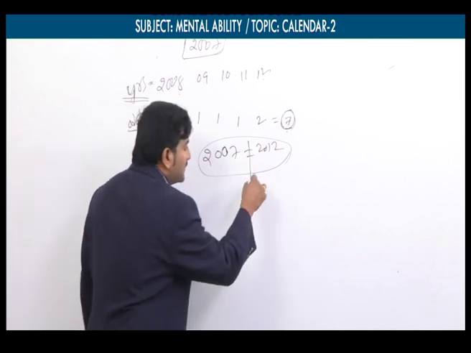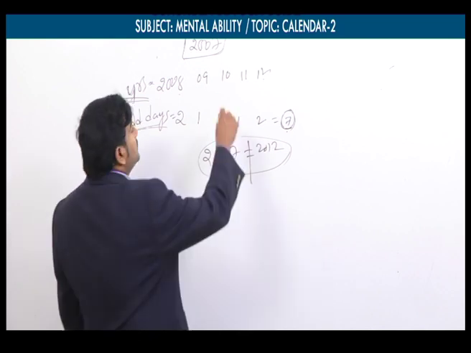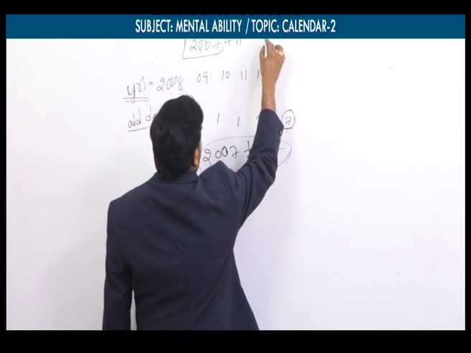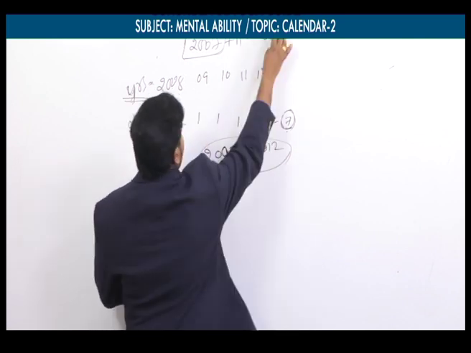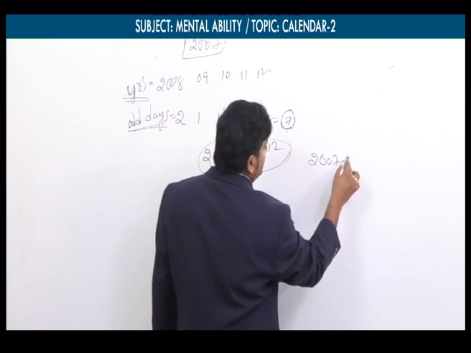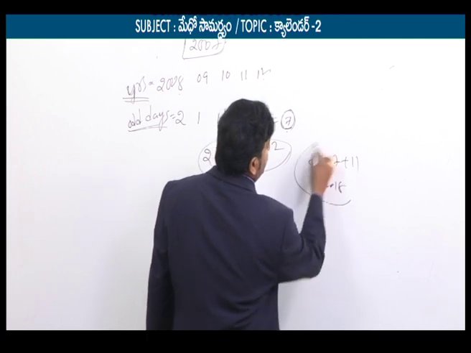But I will not agree with this, because in type 1 we discussed, for 2007 how much did we add? 11. If you add 11 to 2007, how much am I getting? 2018.